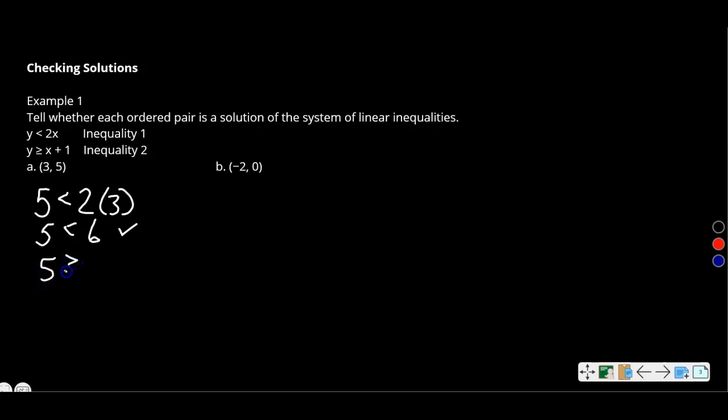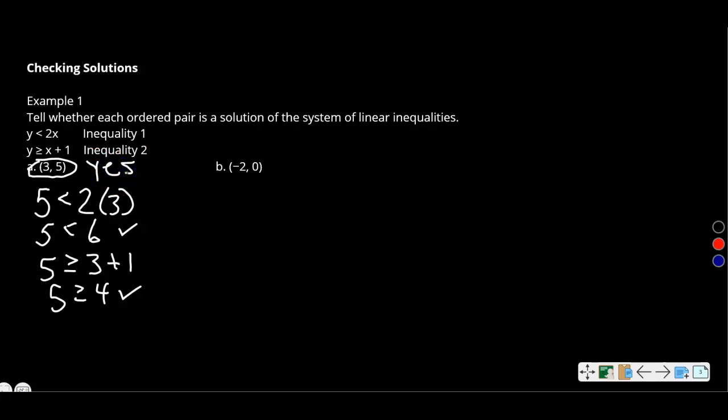Is 5 greater than or equal to x plus 1, with x as 3? 3 plus 1 is 4. Is 5 greater than or equal to 4? Yes. So because that is true for both inequalities, yes, this is a solution.